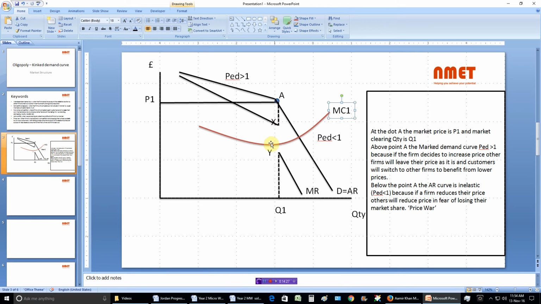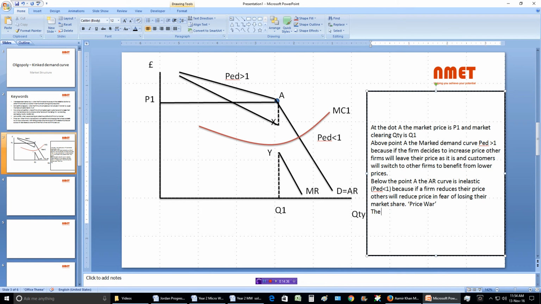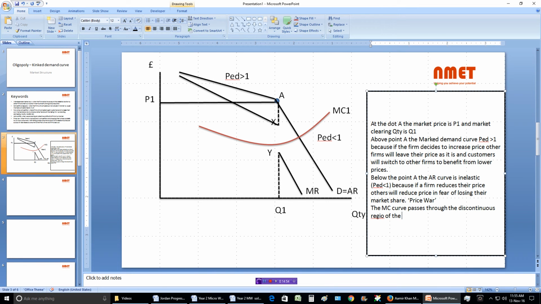as we know, firms maximize profit where MC is equal to MR, and we've got the price. So the MC curve passes through the discontinuous region of the MR curve.